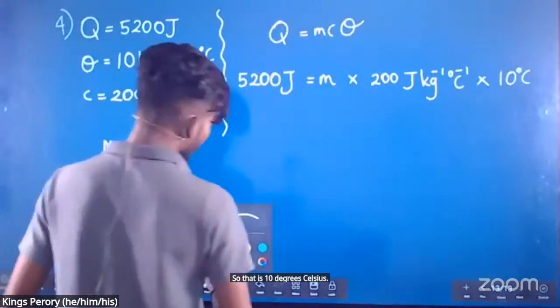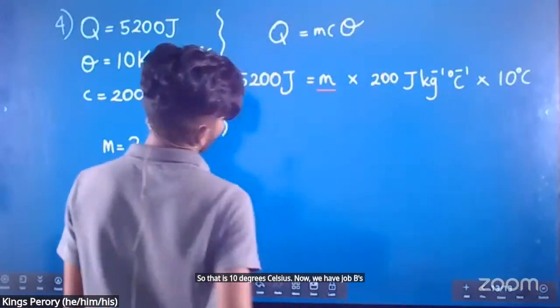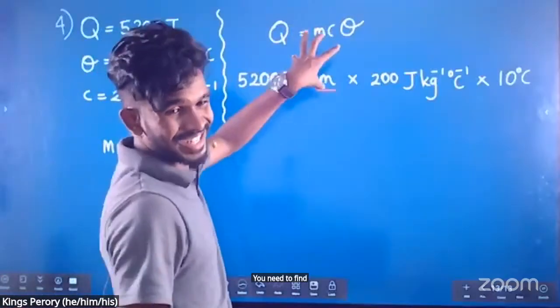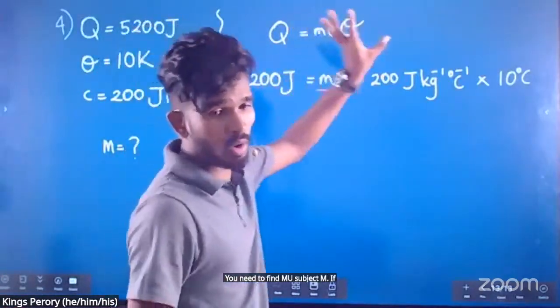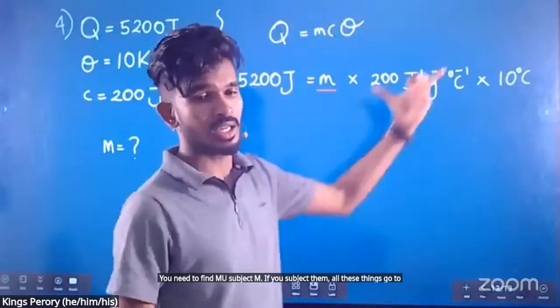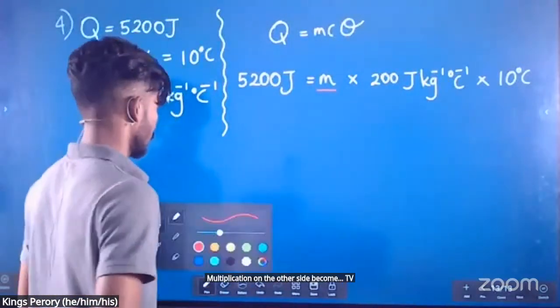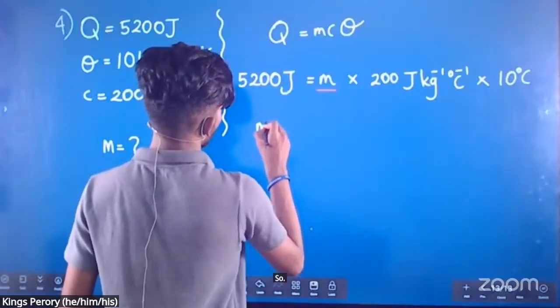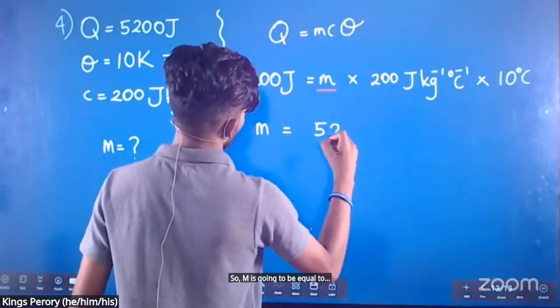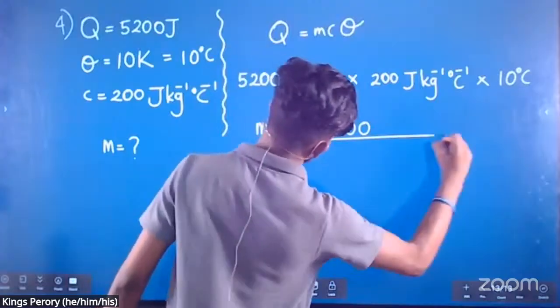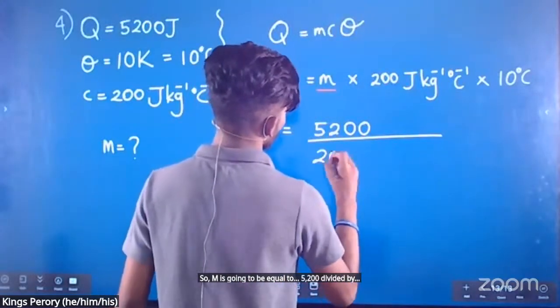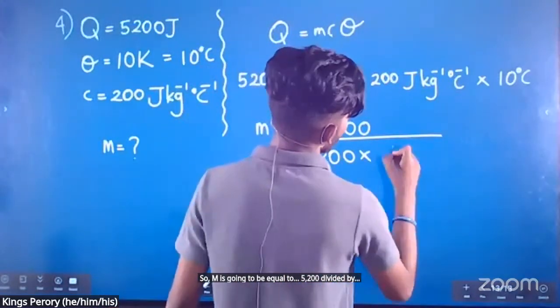Now your job is to find M. If you need to find M, you make M the subject. If you make M the subject, all these things go to the other side. Multiplication on the other side becomes division. So M is going to be equal to 5200 divided by 200 into 10.